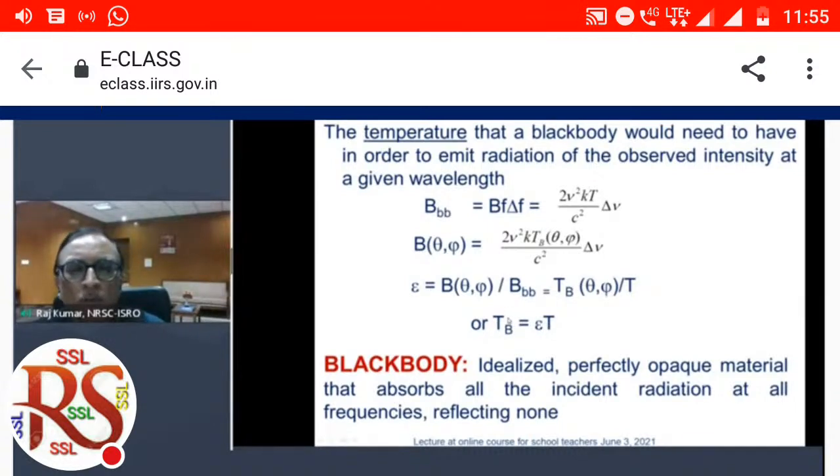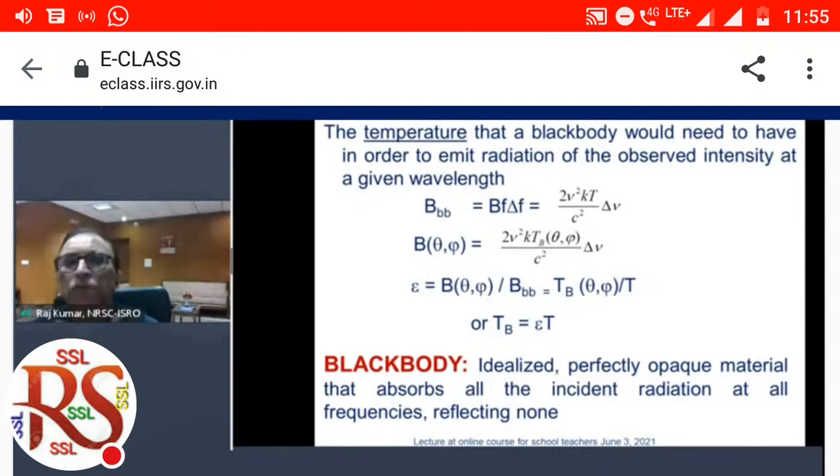If you multiply those, you get the brightness temperature that we observe from the satellite with the passive sensor. This is not the exact temperature, because in emission what you are sensing is only the emitted radiation, which is directly dependent on the actual temperature of the surface.